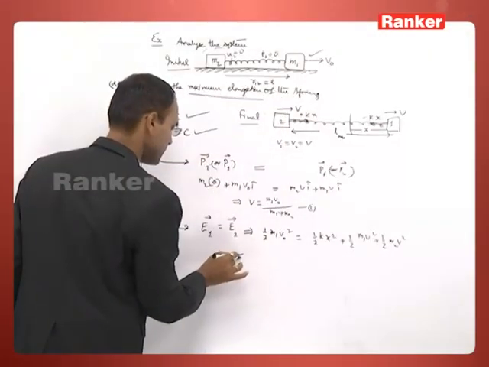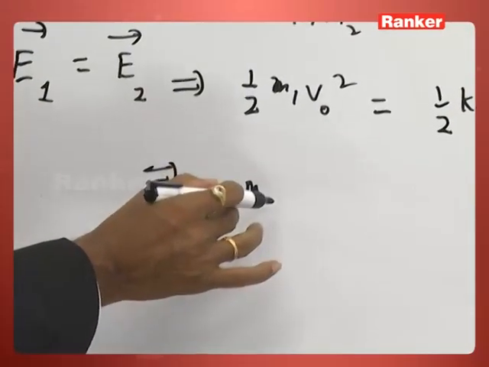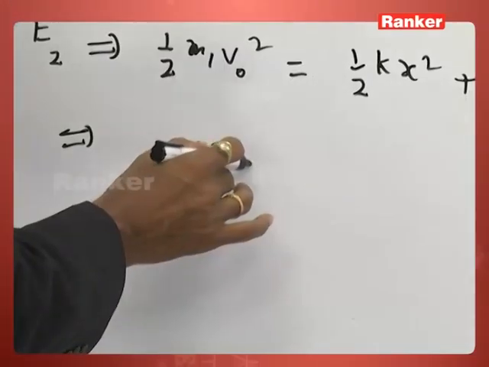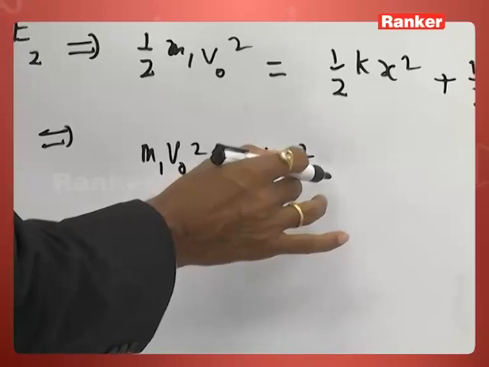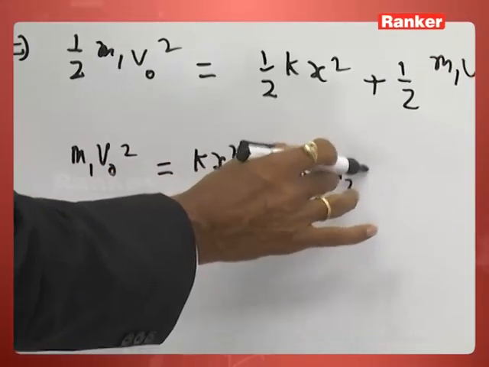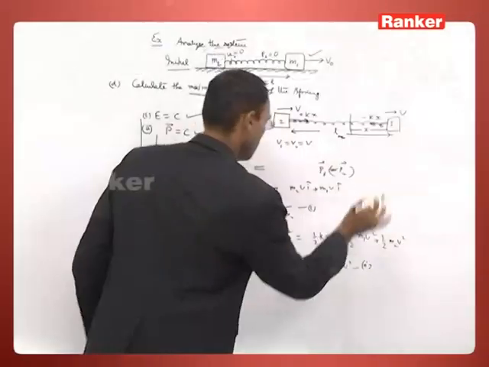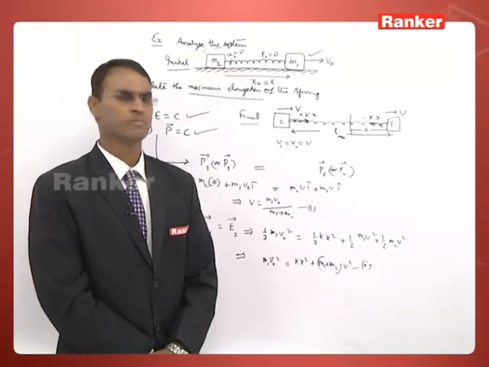This gives us m1 v naught square is equal to kx square plus m1 plus m2 into v square. This equation we are getting by conserving the energy of the system.